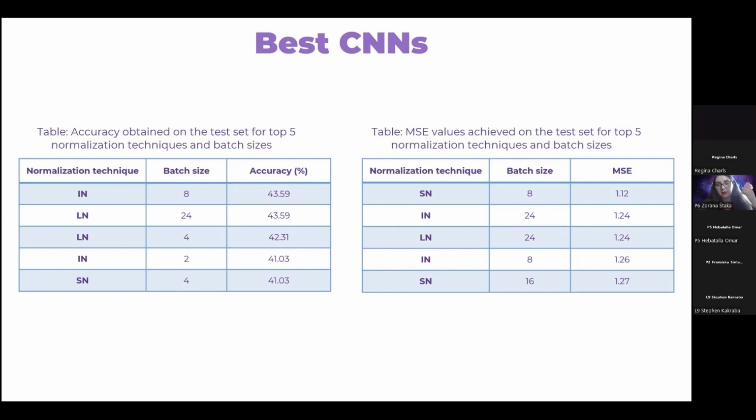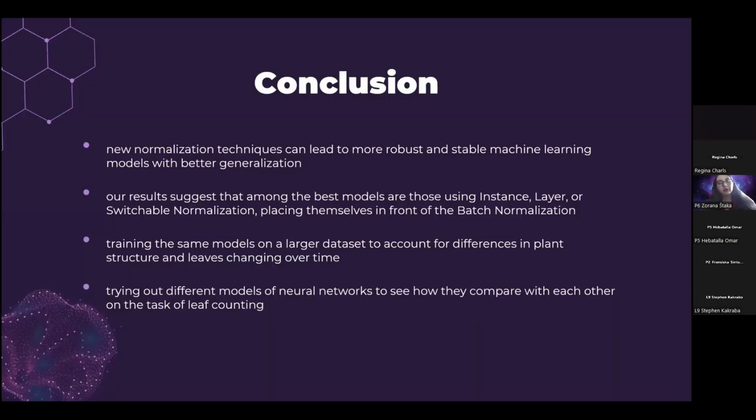And here we can see that the best ones are switchable, instance, and layer normalization. Somewhat similar to what accuracy showed us, but again, you can see that, for example, batch sizes are a little bit more different than what we saw in the table on the left when we looked only at the accuracy. So what would be our conclusion?